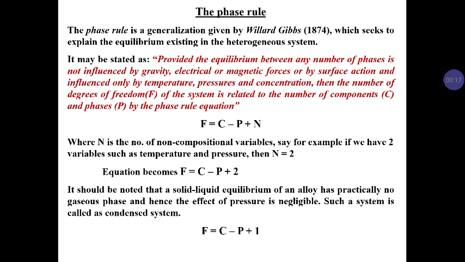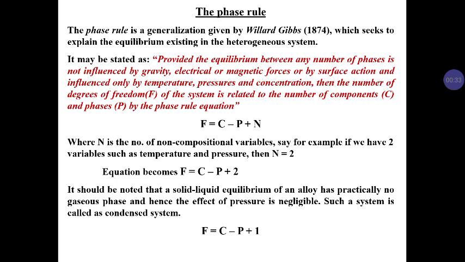The phase rule is the generalization given by Willard Gibbs, named after the scientist Willard Gibbs, and he gave this rule. It is also called Gibbs phase rule, or simply phase rule.